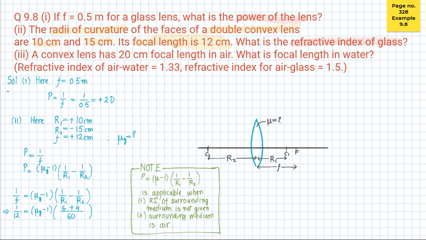Now 6 plus 4 equals to 10. So instead of writing 6 plus 4, I'll write down 10. And 10 by 60 equals to 1 upon 6. So I'll write down 1 upon 6 here.